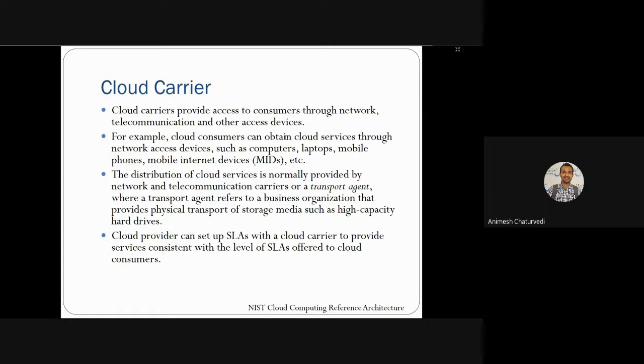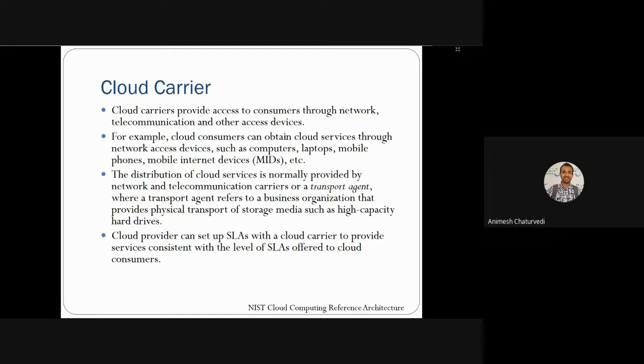Then distribution of cloud service could be done, normally provided by network and telecommunication carriers, through some transport agent. What are the transport agents referred to as? It is a business organization that provides physical transport for storage media, such as high capacity hard drives. So the telecommunication and network provider works in between cloud consumer and cloud provider as a transport agent.